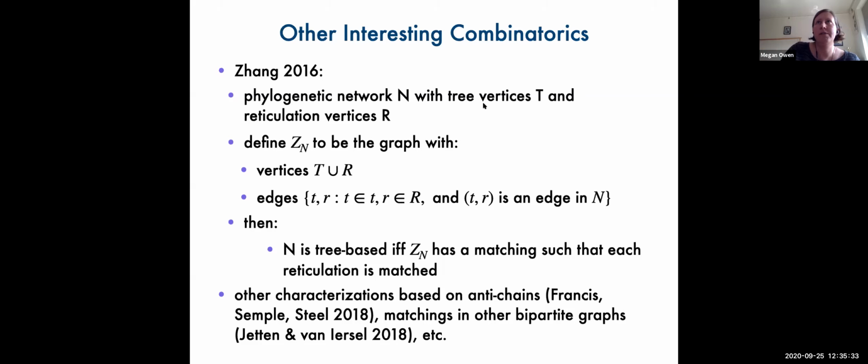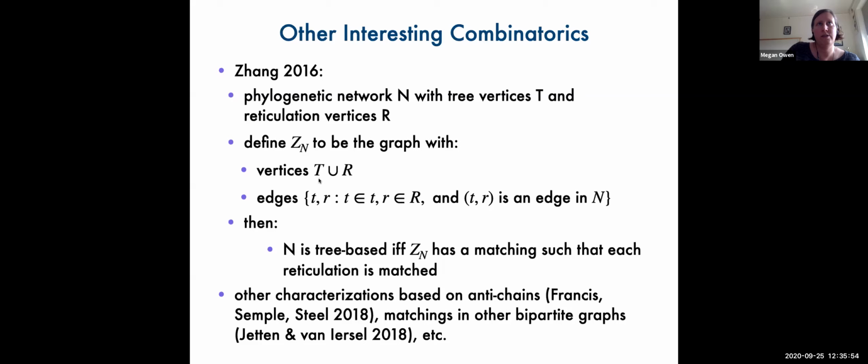If you remember, there are the tree vertices that have in-degree 1 and out-degree 2, and the reticulation vertices with in-degree 2 and out-degree 1. So you can think of all the tree vertices as being in set T, and all the reticulation vertices in set R. Then he defined a graph, a bipartite graph.